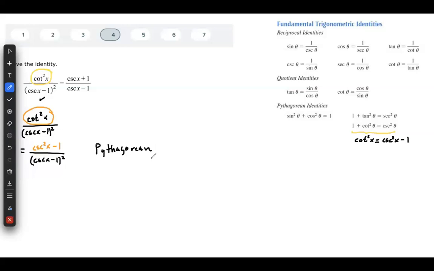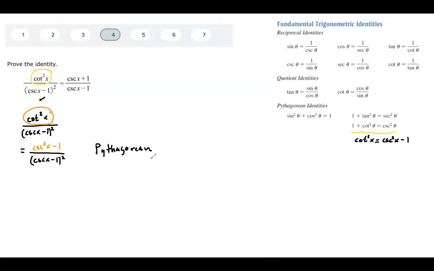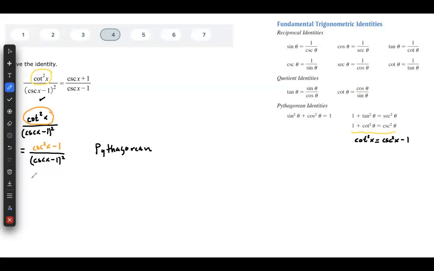Now, let's try to use our factoring tools. We know how to factor a difference of two squares. So instead of having cosecant squared of x minus 1, that appears to be something like a squared minus 1. That is the difference of two squares that can be factored as a plus 1 times a minus 1.